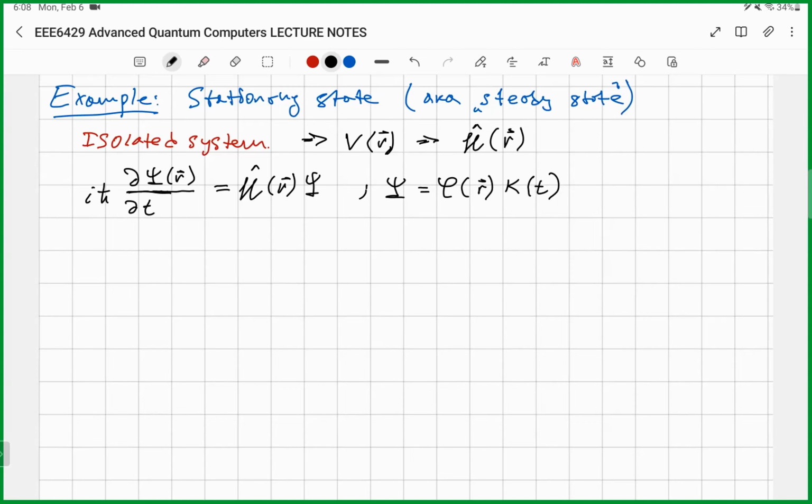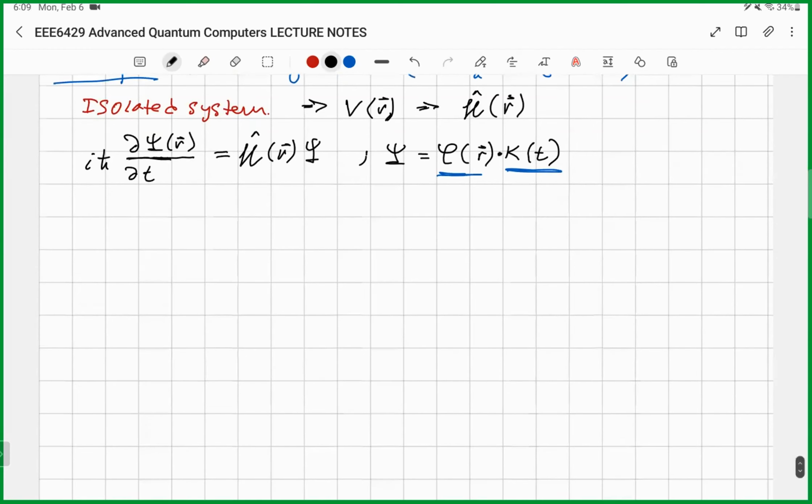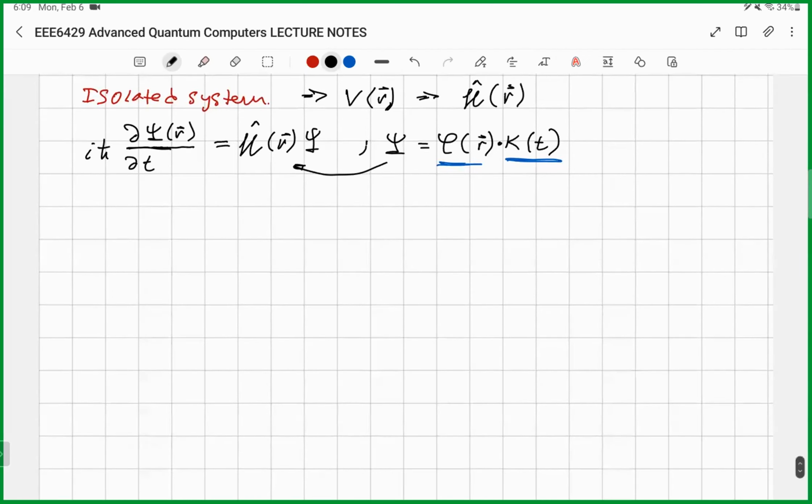So all the transient dependence is basically in this function kappa of t, and the coordinate dependence is in the coordinate part of this function, right? So the product of two. And now I can plug this ansatz into this Schrodinger equation.